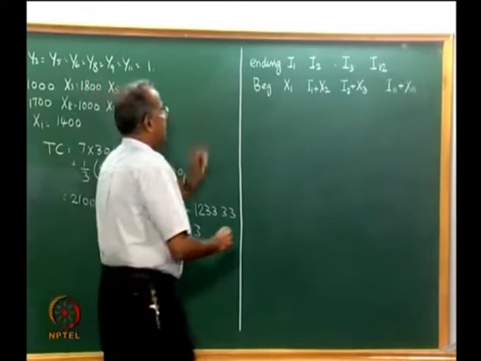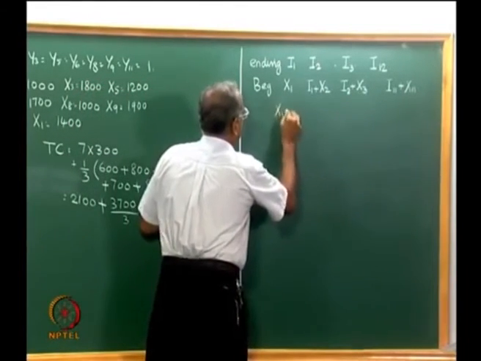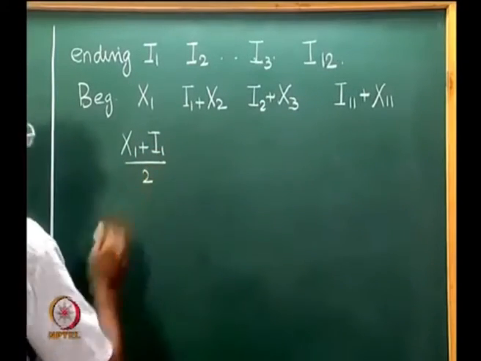So the average inventory for month 1 will be x1 plus I1 divided by 2.